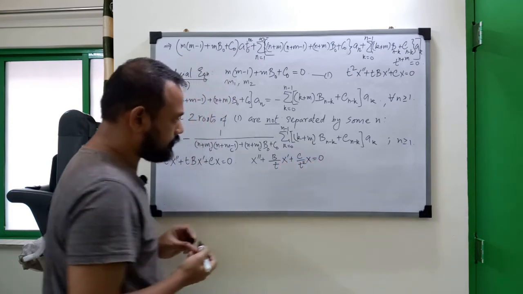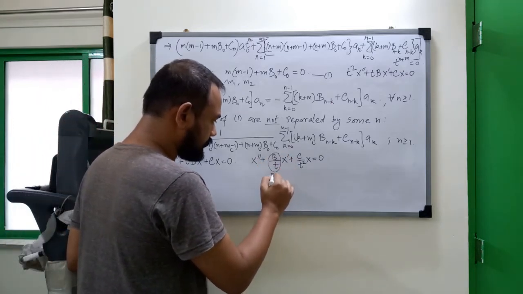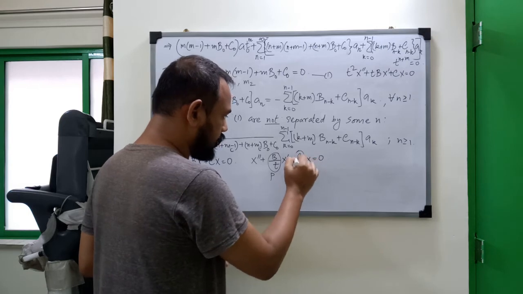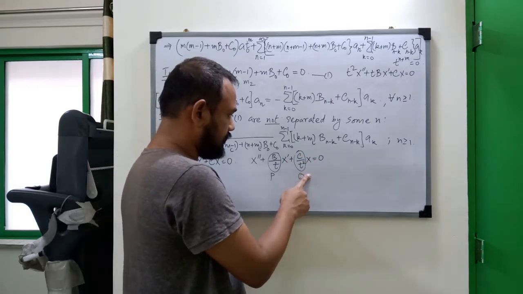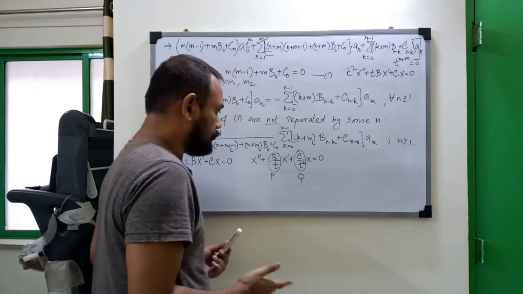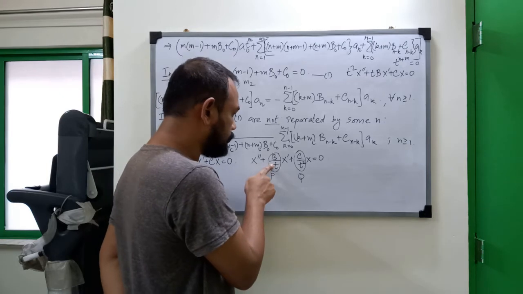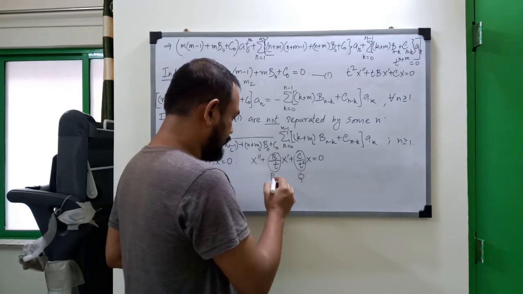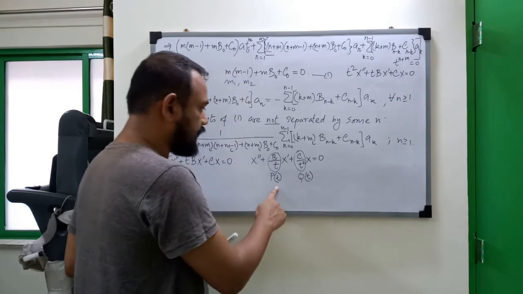Now this is the form that we started with. If this is the P and this is the Q, then of course these two are not analytic at 0. 0 is a pole of P and Q. You can't put 0 as an argument here. So P and Q are not analytic.